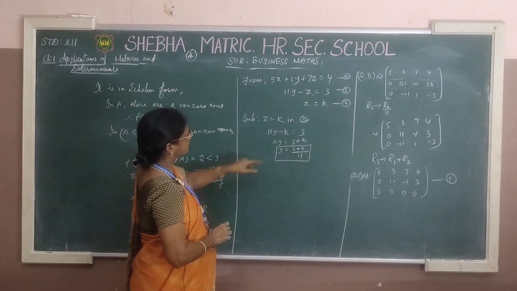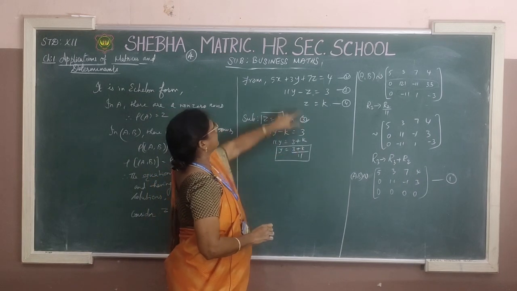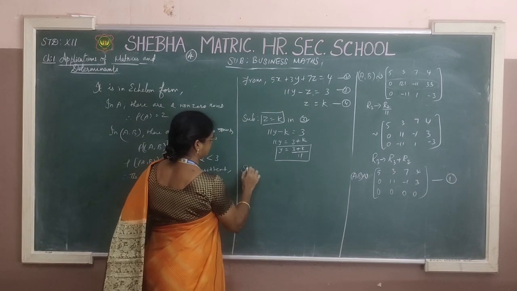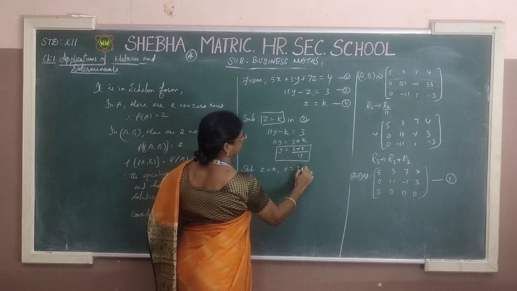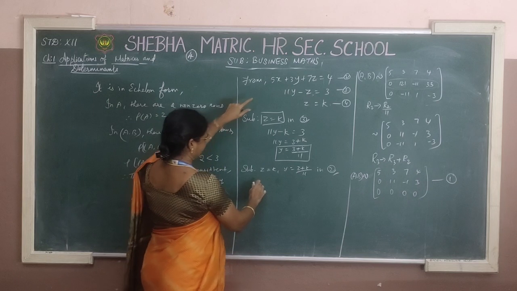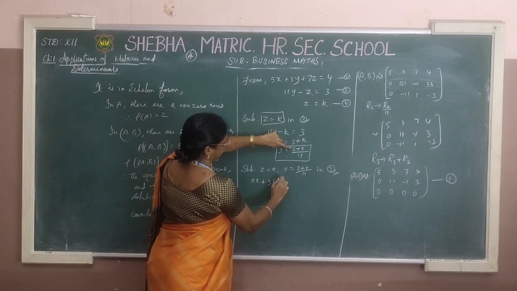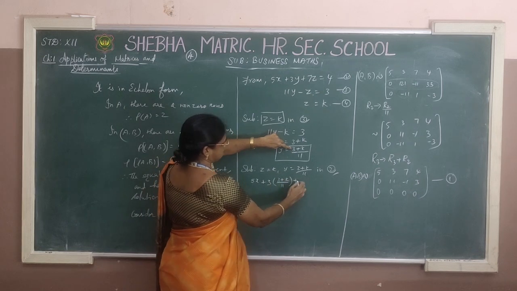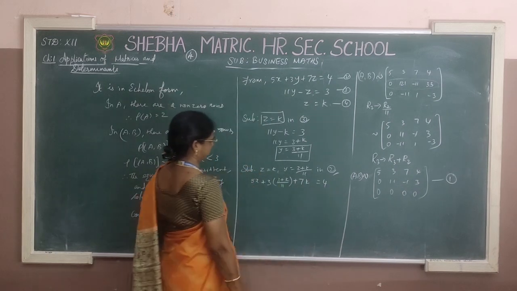Next, using these two, z equal to k and y equal to this, we get the value of x from the second equation. Substituting z equal to k and y equal to 3 plus k divided by 11 in the second equation, we get 5x plus 3 into 3 plus k divided by 11 plus 7k equal to 4.